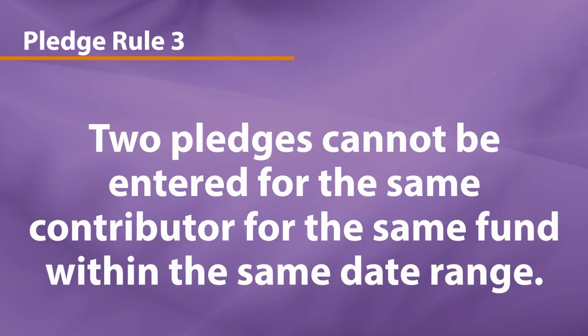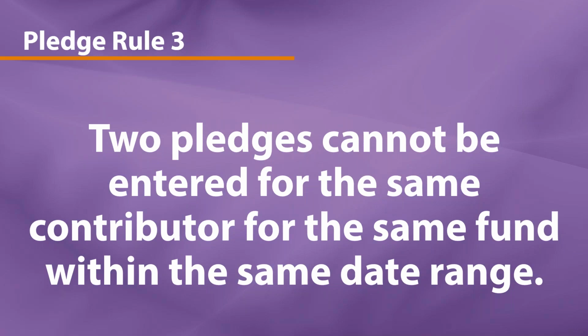All right, pledge rule number 3, two pledges cannot be entered for the same contributor for the same fund within the same date range. Now, what does that mean? Okay, so what that means is we have the same date range. So let's say the first pledge is January 1, 2019 through December 31st, 2019. And the second pledge is shorter.